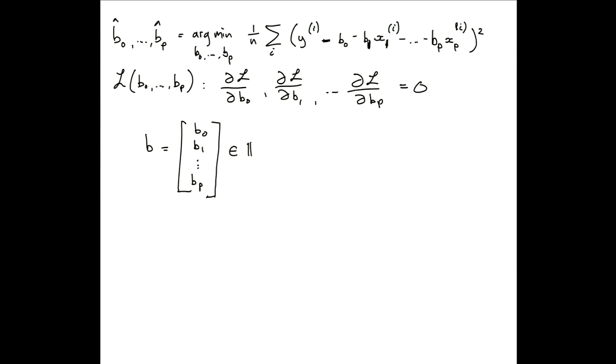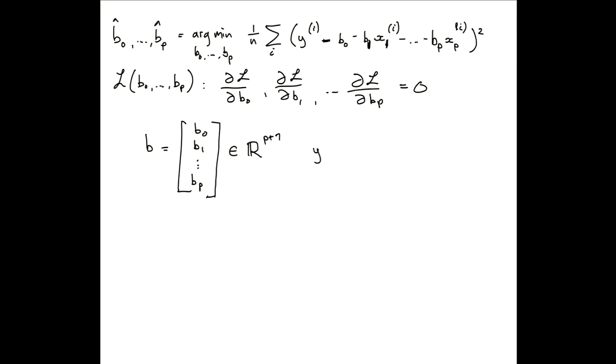So we'll say it's in R P plus 1. Technically, it's a matrix in R P plus 1 cross 1, right? So it's P plus 1 rows, 1 column.